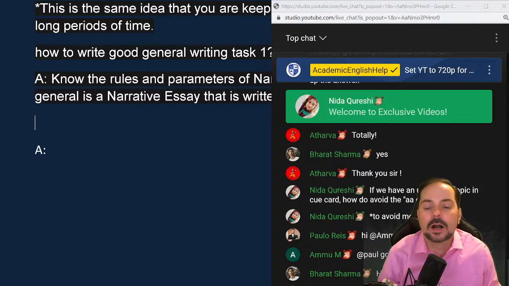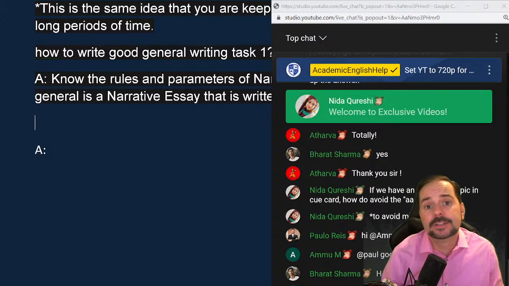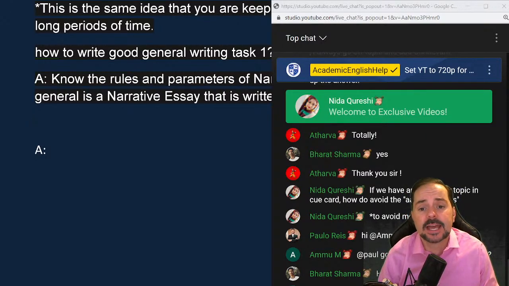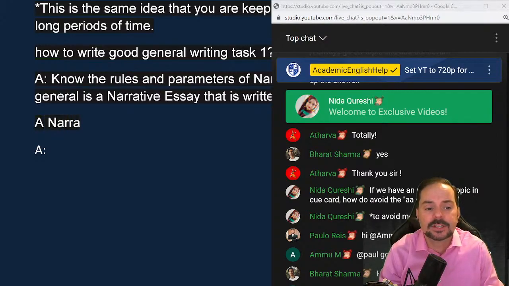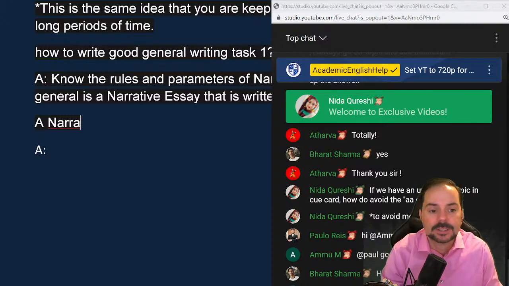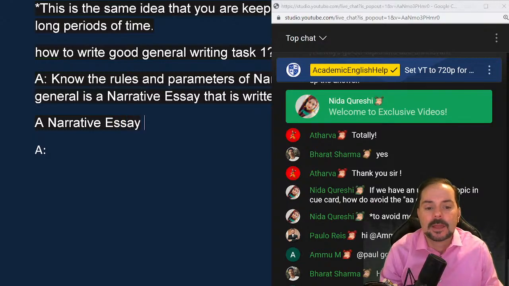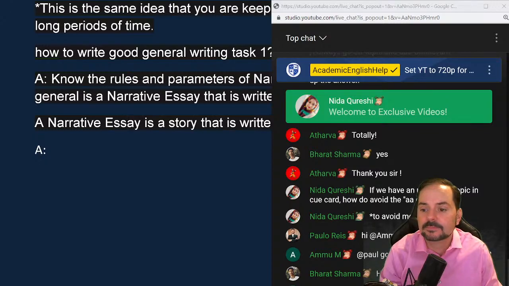So what you have to understand to write a good general task 1 essay is narrative essay rules and guidelines. And a narrative essay you can basically think about as storytelling. Think about the word narrator or narration. It's telling a story. A narrative essay is a story that is written. It has a beginning, middle, and end.